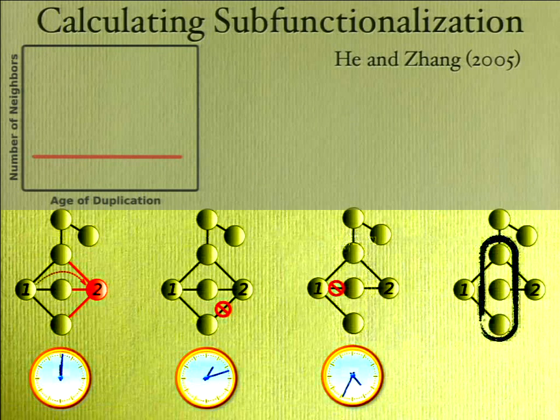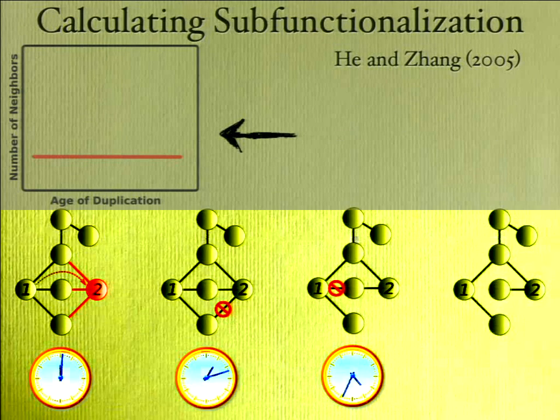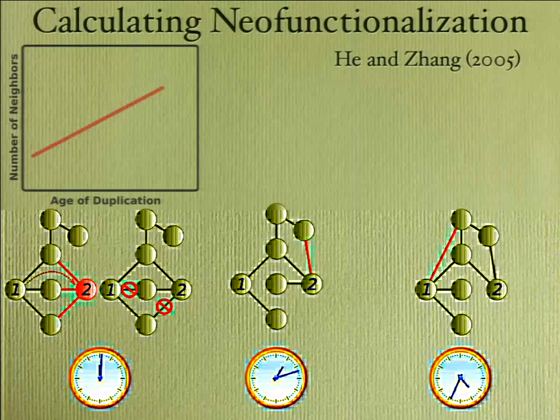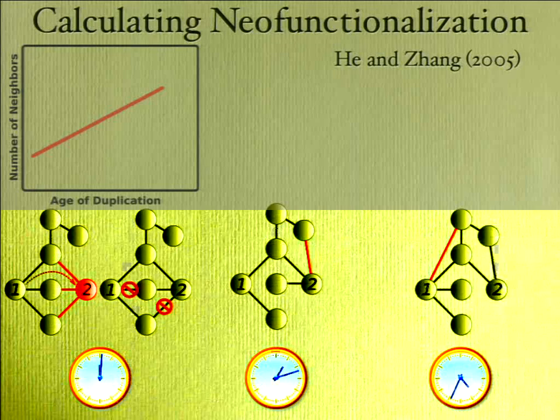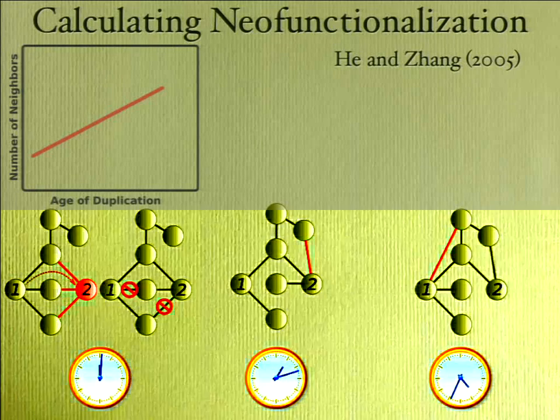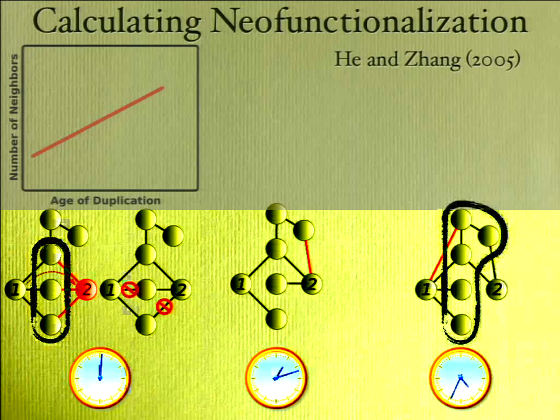And what you would then expect to see is that if you group all the duplicates in your interaction network roughly by age, you should see no correlation between the age of those duplicates and the number of neighbors that they have. But in fact, they found that that wasn't the case at all. They found that indeed, the older the duplication, the greater the number of interacting partners that those duplicates had. And so, as shown here, you would expect the number of neighbors increasing over time.